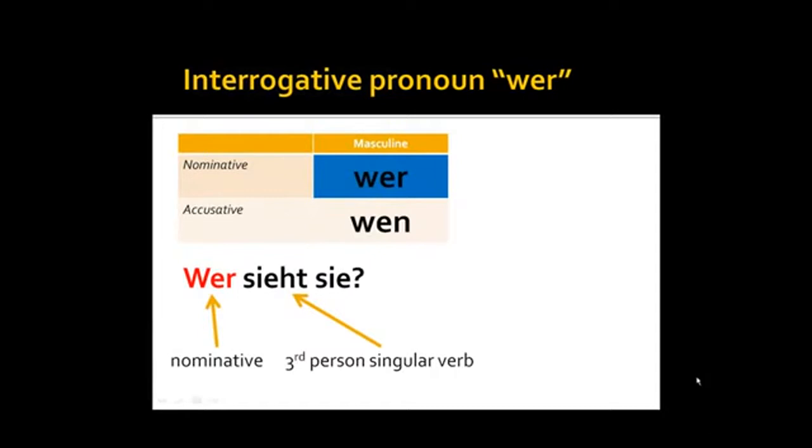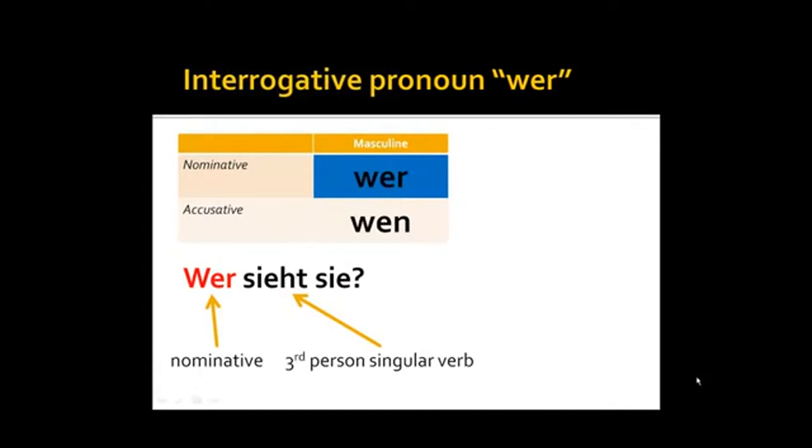This same idea is also found in the way we use the interrogative pronoun wer. Now, wer simply means who. The accusative form of wer, or wen, is the form in English whom. So, let's take a look at the sentence at the bottom of your screen. Wer sieht sie? Who sees her?